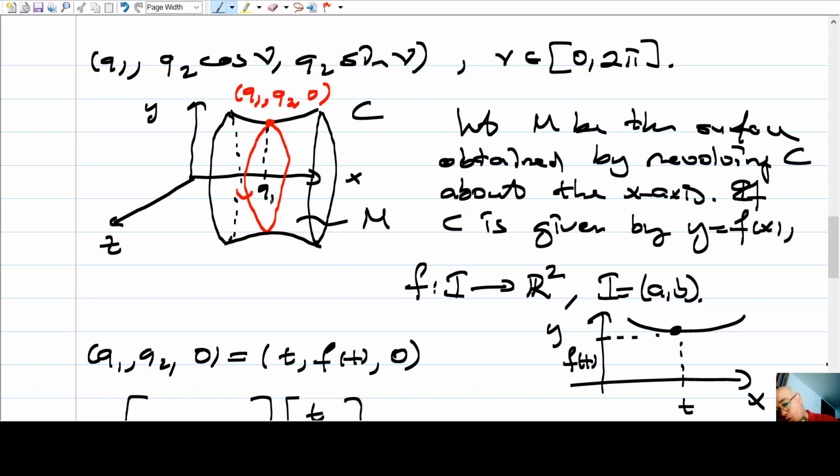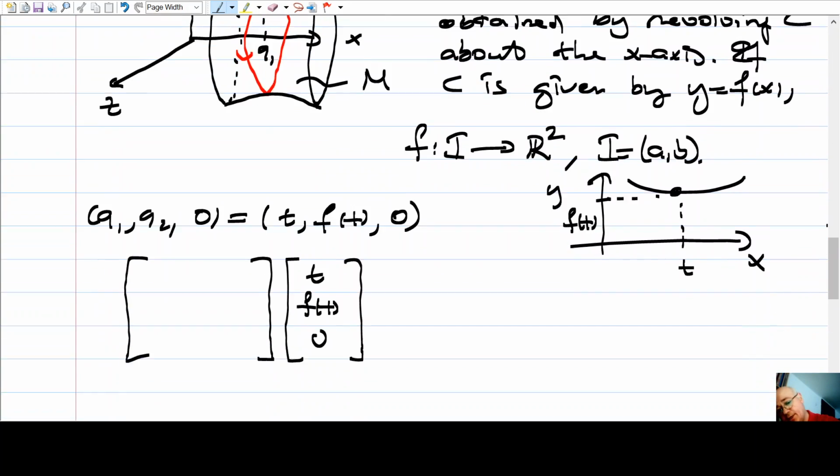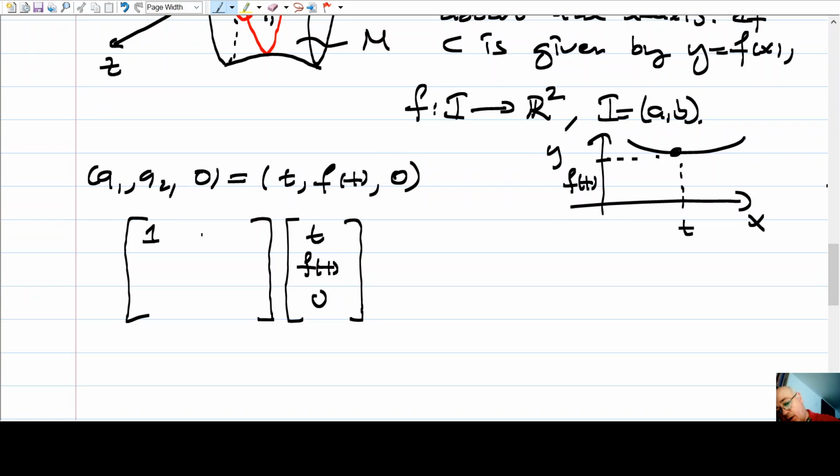So this is, say, q1. It is fixed. So I have this matrix then, and I rotate nu radians. No, the x coordinate doesn't change, so I have 0 here. Here I have cosine nu minus sine nu, and then 0, sine nu and cosine nu.